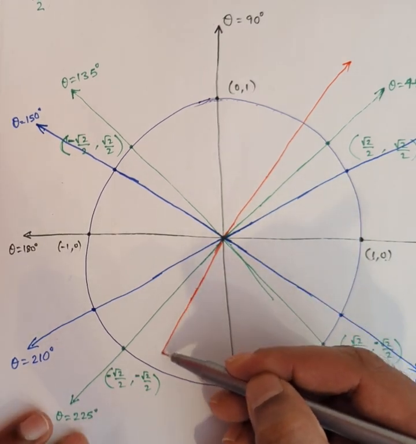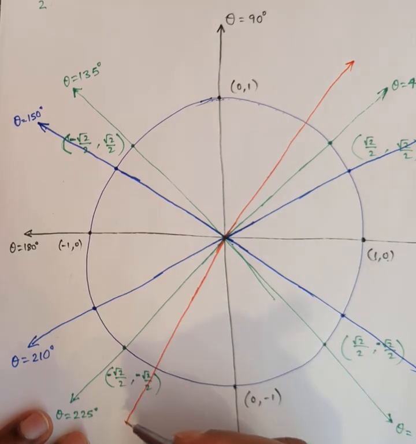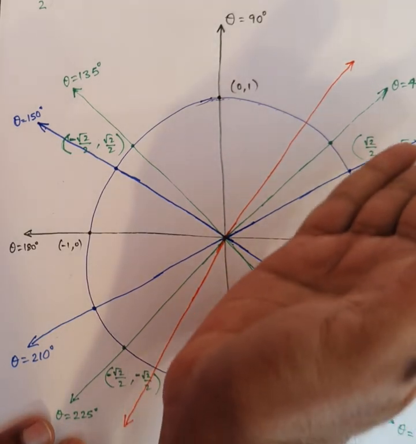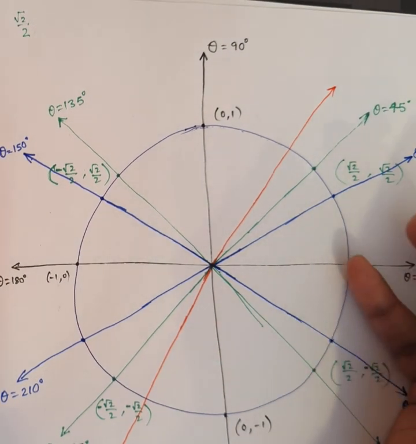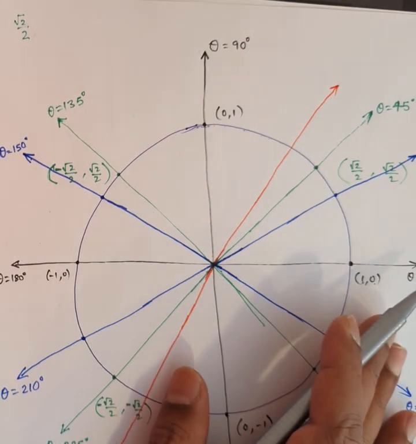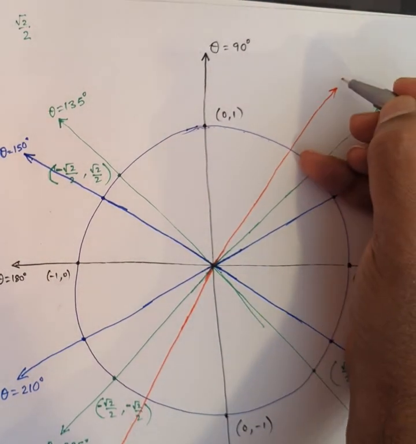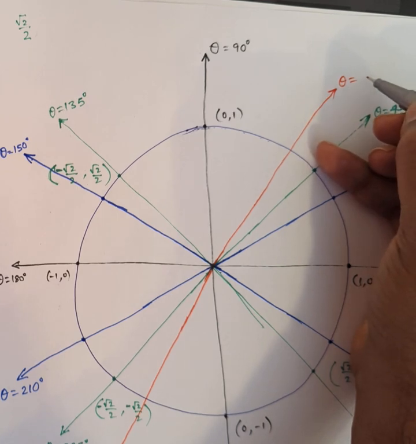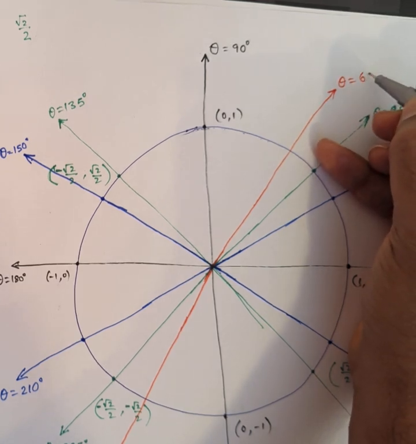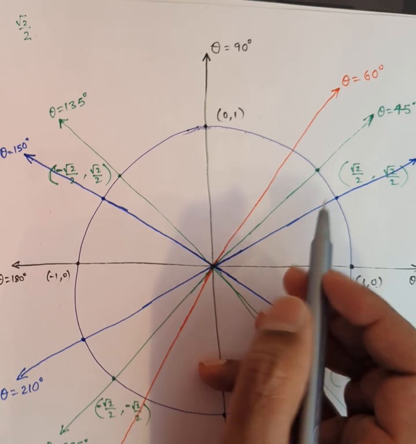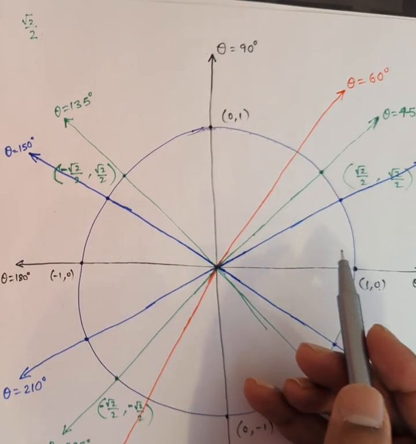So this red line is staying closer to the y-axis because the green line was equally inclined to both x and y-axis. But the red is closer to the y-axis. This is 15 degrees. We have gone 15 degrees on that side.